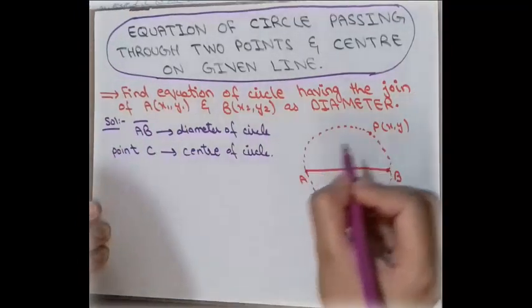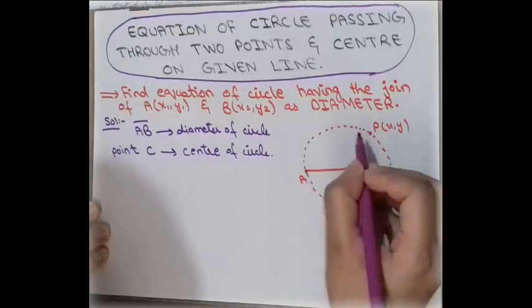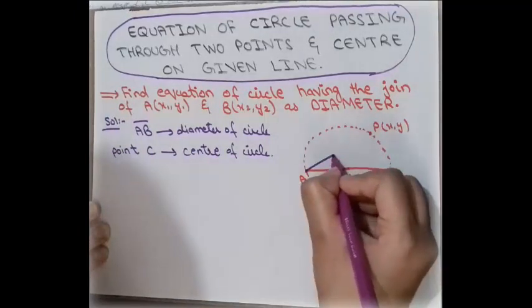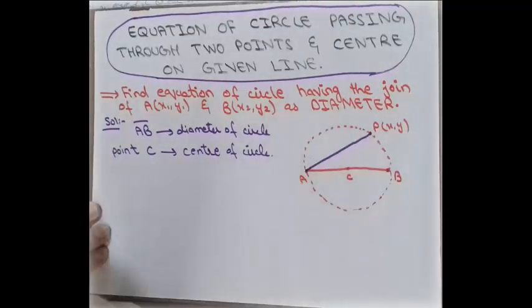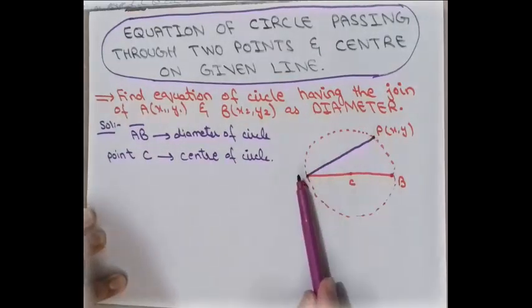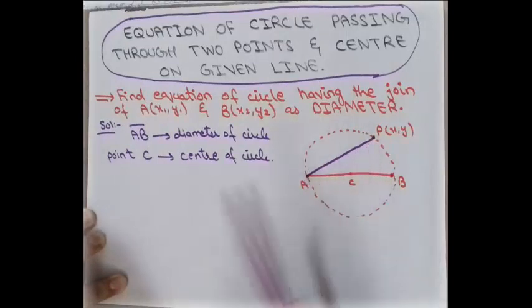So we join the points A and P with a line or a chord. Here is the concept of a chord: a line passing through a circle and joining 2 points of the circle is called a chord.